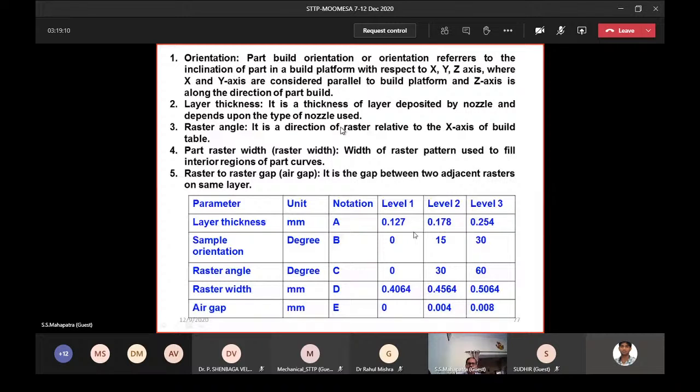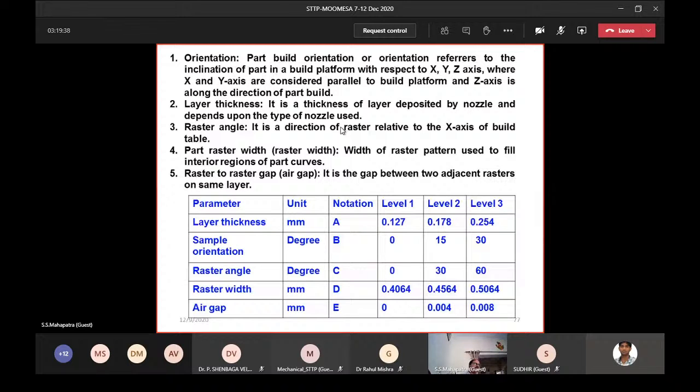Similarly, sample orientation: how to orient the sample in the machine. The orientation with respect to the x-axis of the machine can be at 0 degrees, that is parallel with the machine, or at 15 degrees, or at 30 degrees.